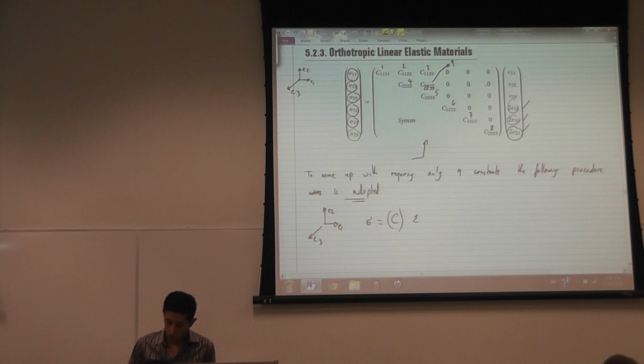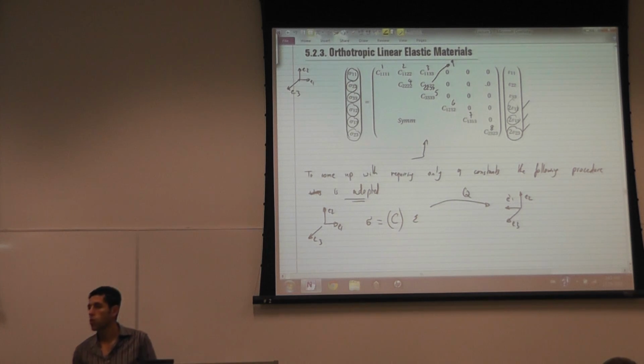If I now change the coordinate system, and because of symmetry, I'm going to put E1 on the other side, E prime 1, and keep E2 and E3. I'm changing the coordinate system using a reflection.